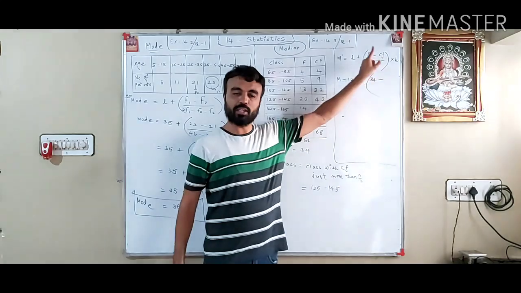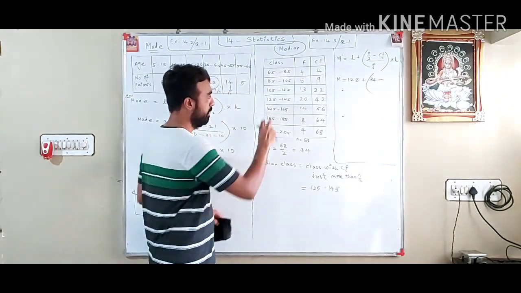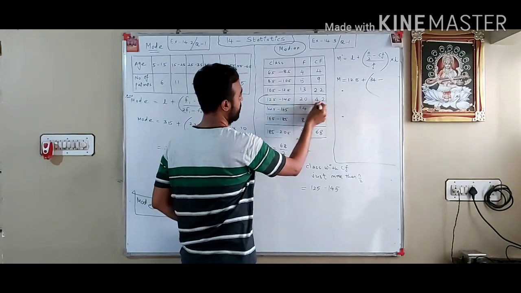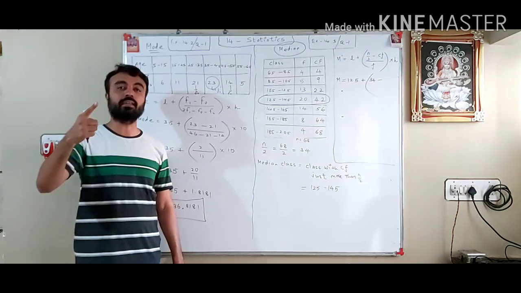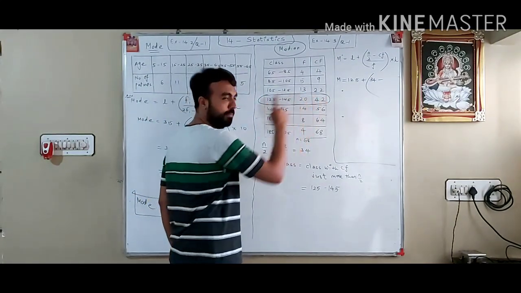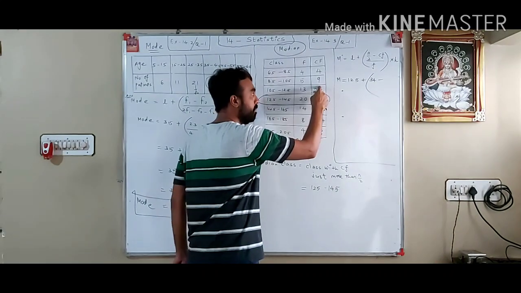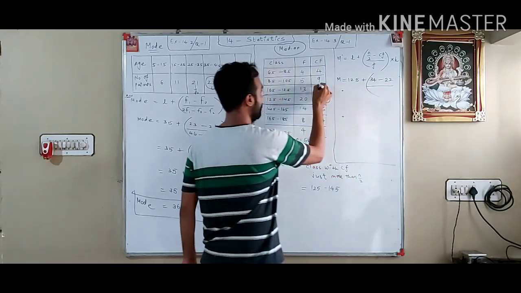Cumulative frequency of the previous class to the median class. Median class is this one. The CF of the class before it, this one, means this number 22. So I am writing this number 22.